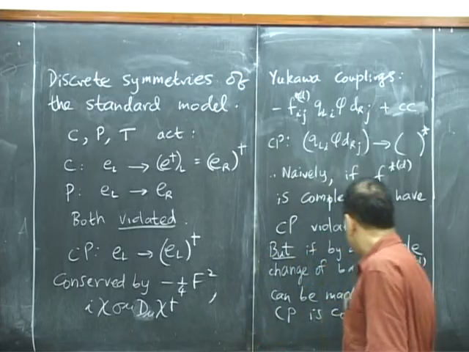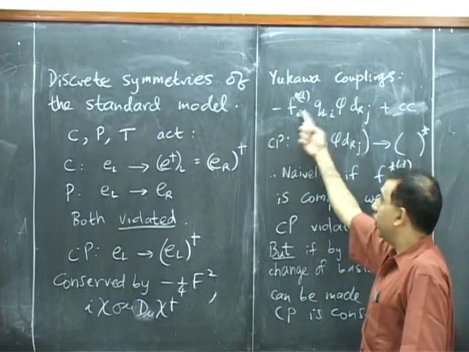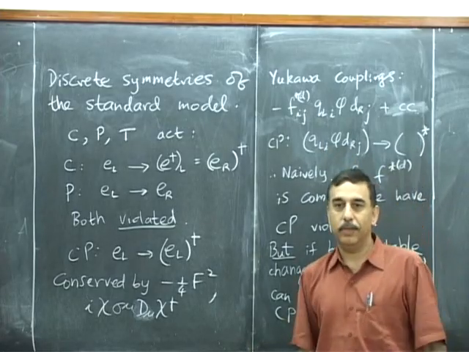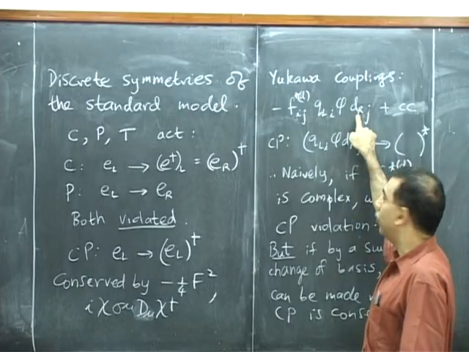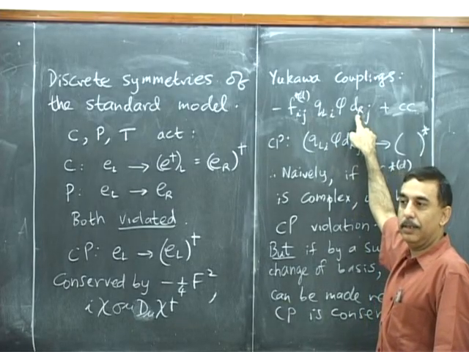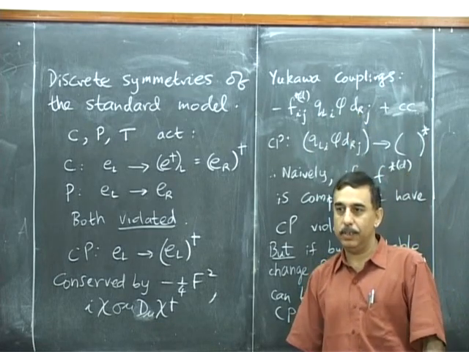So the question we want to ask is whether CP can be made to be conserved. That is, whether we can make all the F's real. There are many F's, remember. There is one F for Q left with D right. There is another F for Q left with U right. Actually those are the only two F's in the quark sector. We'll come to the leptons later.